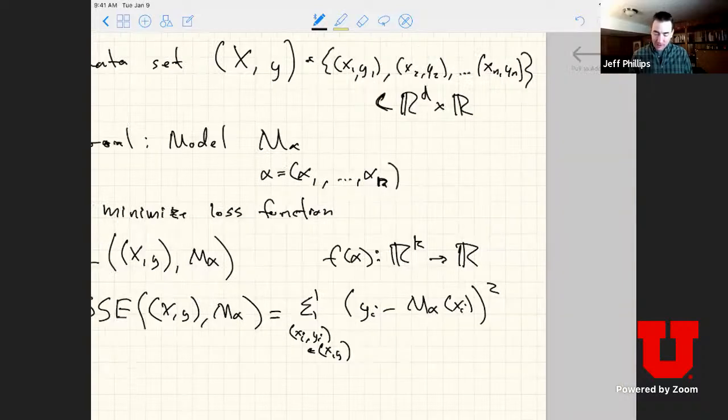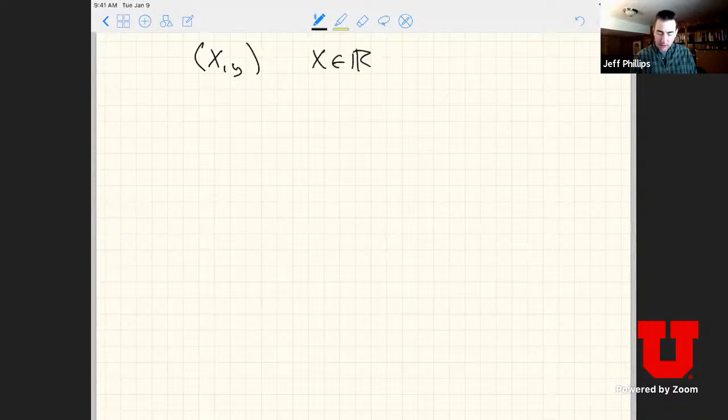Let's look in particular at a case where we have our data x, y, and x is going to be in R, and y is going to be in R also.